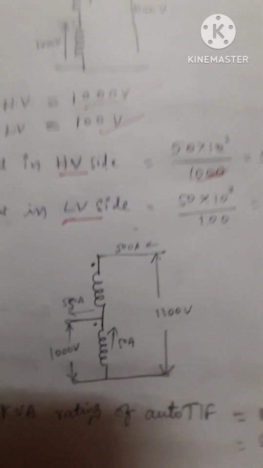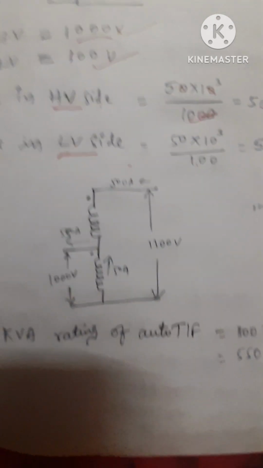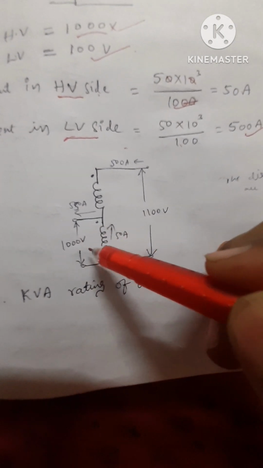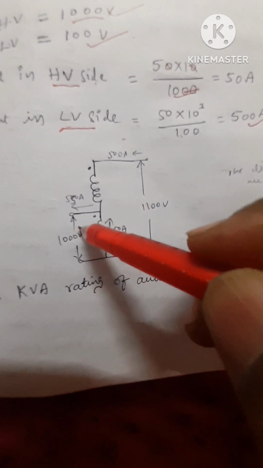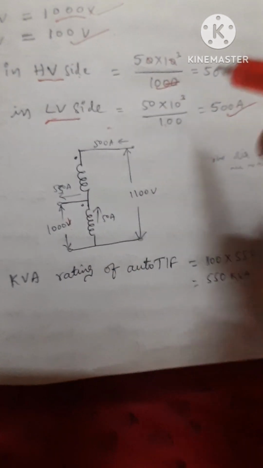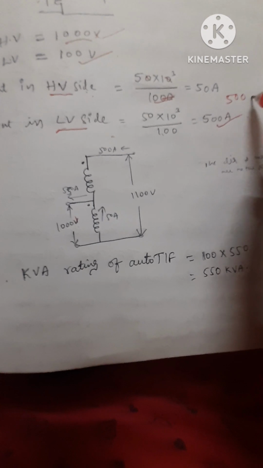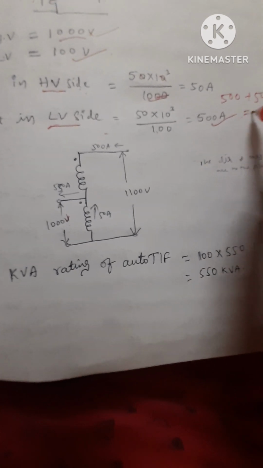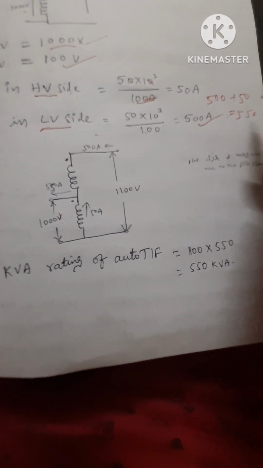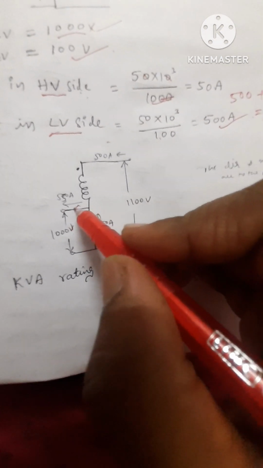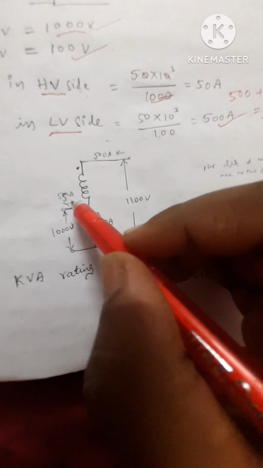In this circuit diagram, on the HV side we get the total current, LV plus HV, 500 plus 50, which is 550 amperes.